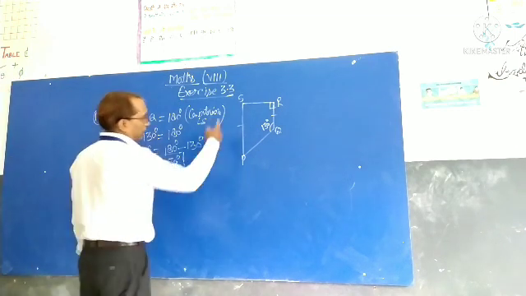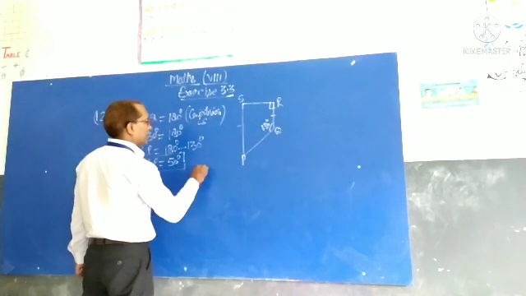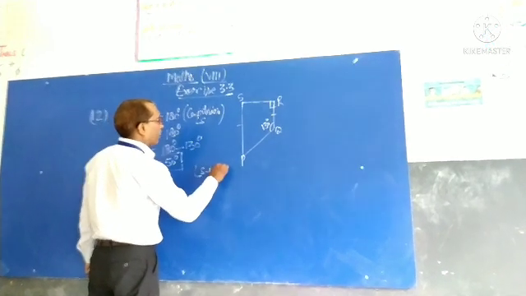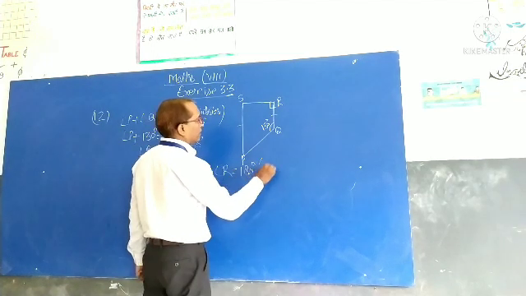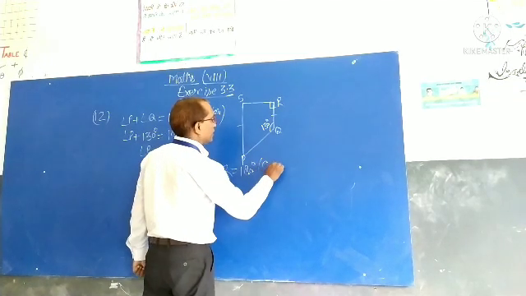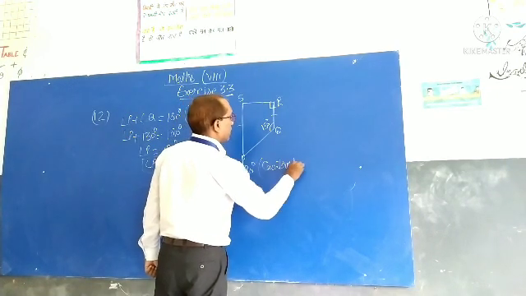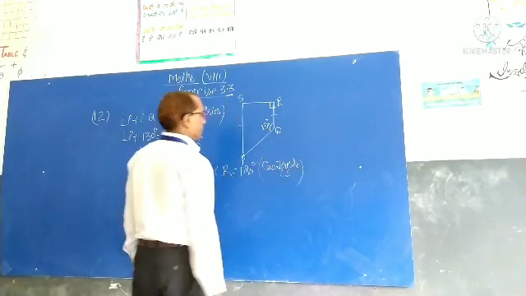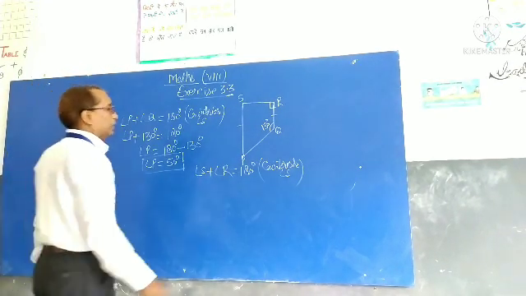Then you find out angle S. Here, write down angle S plus angle R is equal to 180 degrees. Sum of co-interior angles is 180 degree.